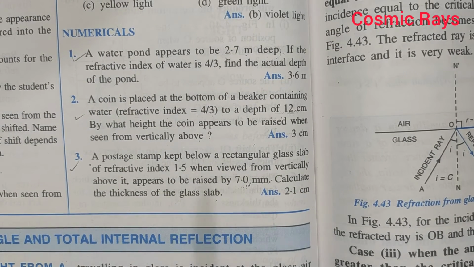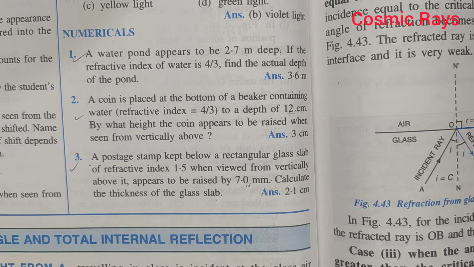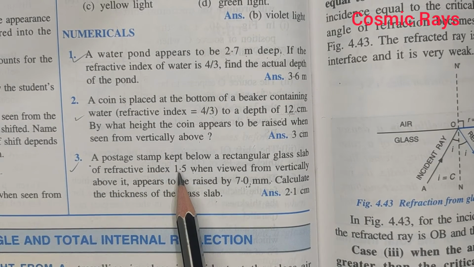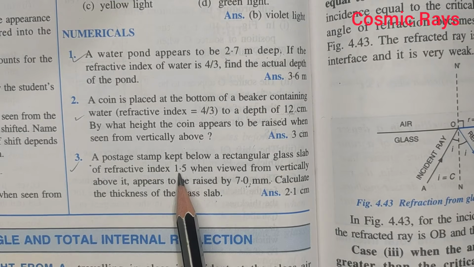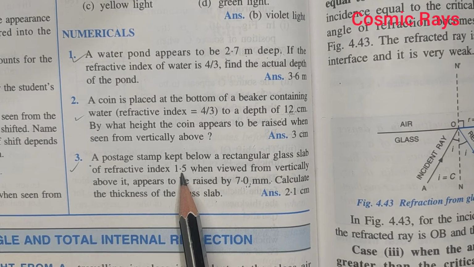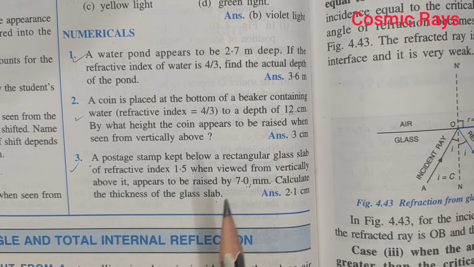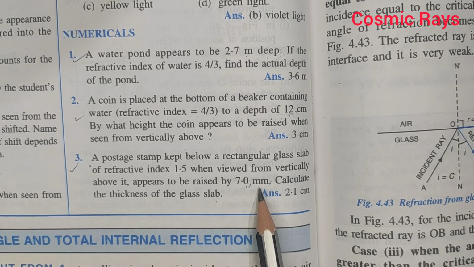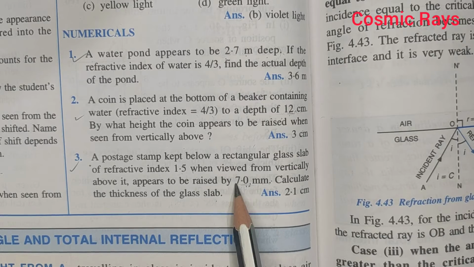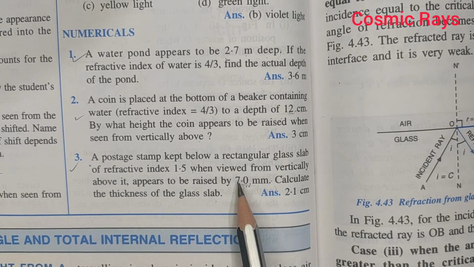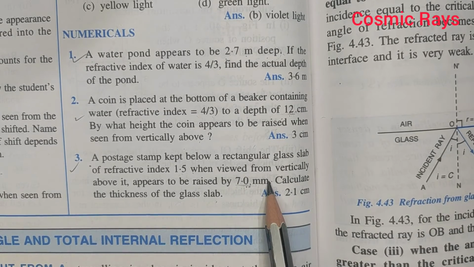Now here first of all they have given the refractive index of the glass slab, that is 1.5. Then they have given the shift in image, that is 7 millimeter. So this entity we need to convert into centimeter. So we will just divide it by 10. So it will be 0.7 centimeter.